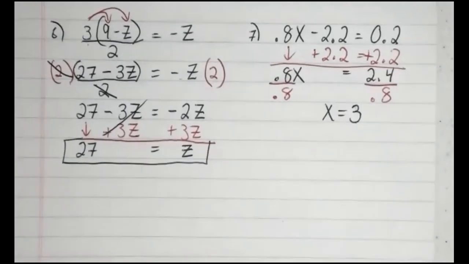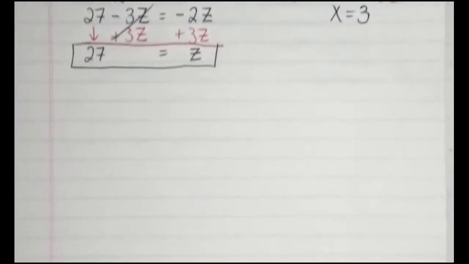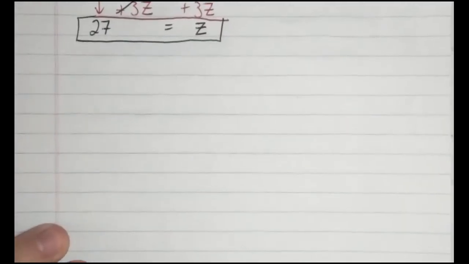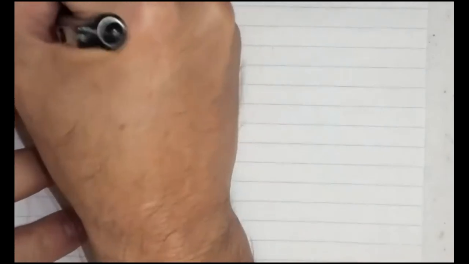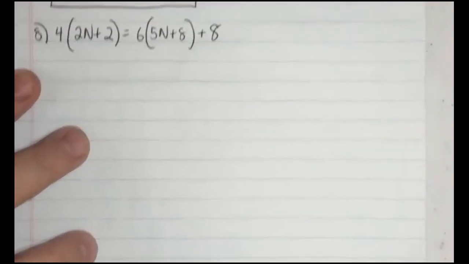Now these other examples are just a little more in-depth types of problems. I have 4 of these where I'll work through them with you a little bit. So we have 4 times 2n plus 2 equals 6 times 5n plus 8, plus 8.